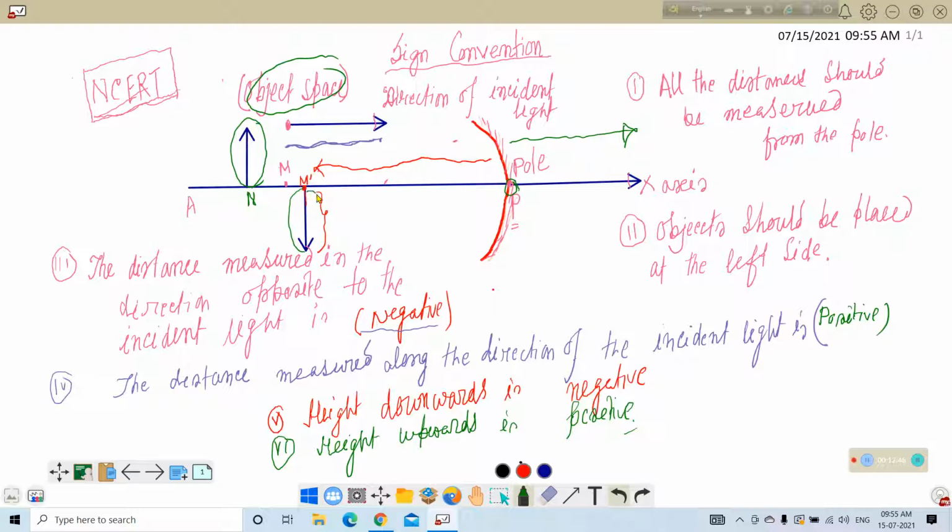All these points should be remembered time and again during our calculation and discussion on everything related to reflection by a curved mirror.